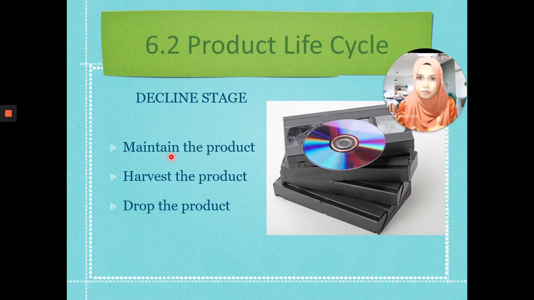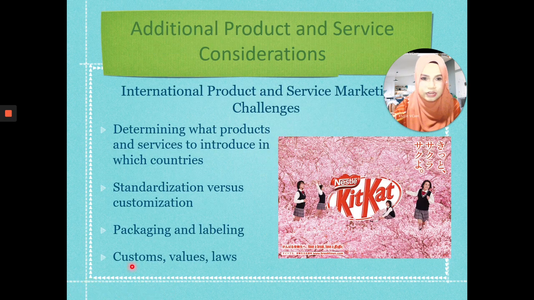That means you stop producing immediately, and whatever raw materials you have, you might use for a certain product or new products or other products. So dropping means you immediately stop it. Harvest means you just finish off whatever you have left. Or maintain, keep producing on a smaller scale for a niche. So that's all about the product life cycle.